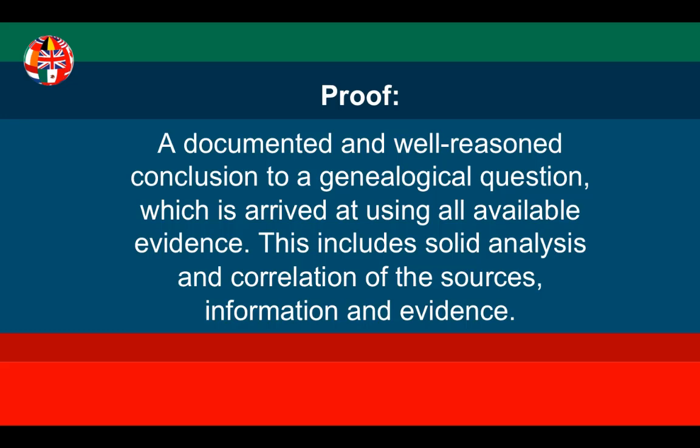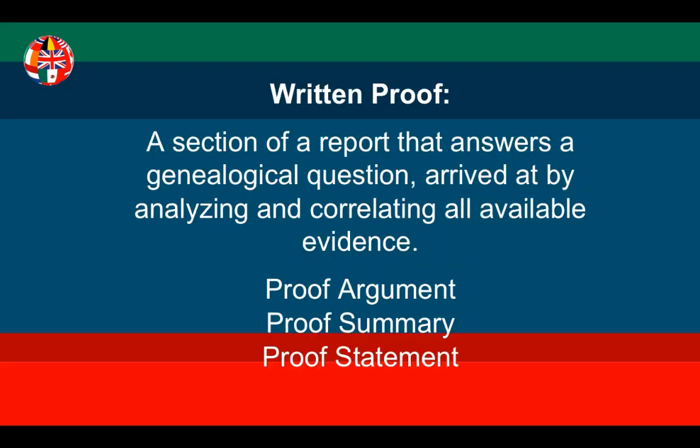And a proof is a documented and well-reasoned conclusion to a genealogical question, which is arrived at by using all available evidence. This includes solid analysis and correlation of the sources, information, and evidence. Additionally, a solid proof includes thorough research, accurate source citations, and resolution of all conflicts. A written proof is a section of a report that answers a genealogical question, which is arrived at by analyzing and correlating all the available evidence.